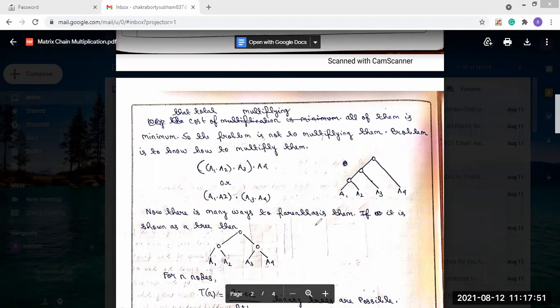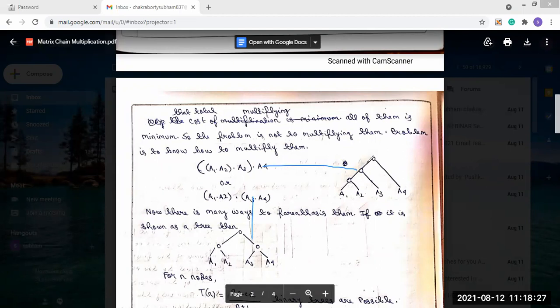Now, if we show it with a tree, it looks like this: A1, A2 are multiplied and a result is generated, A3 and A4 are multiplied and a result is generated, and both resultant matrices are multiplied. Similarly, the other way looks like this: A1, A2, the resultant is generated, then multiplied with A3, and after that the resultant is multiplied with A4.